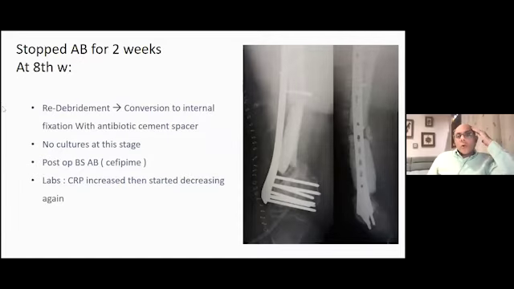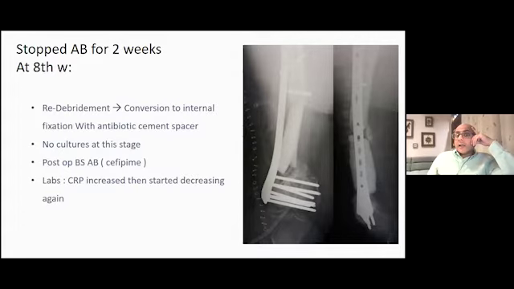Okay, so I think the strategy in this case was a little bit cautious. The surgeon decided that he will not put cement in the first stage. He just put an external fixator, and he put cement when he decided to convert to internal fixation. He didn't want to put cement maybe in the first stage so as to avoid masking of infection.